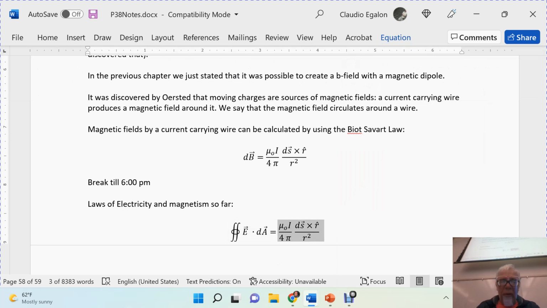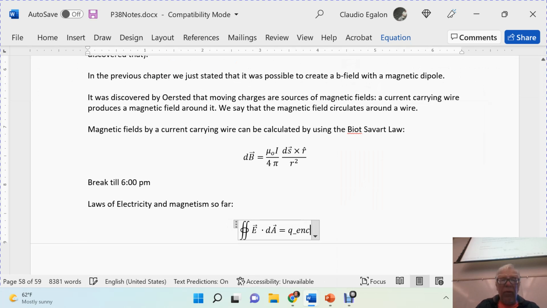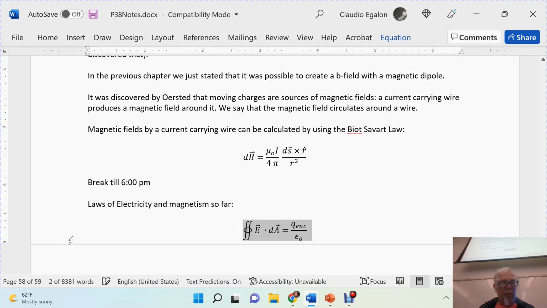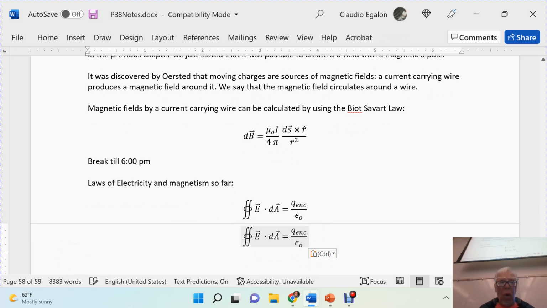You have Q enclosed over epsilon naught, right? That's the law. The first law, that's Gauss's law.